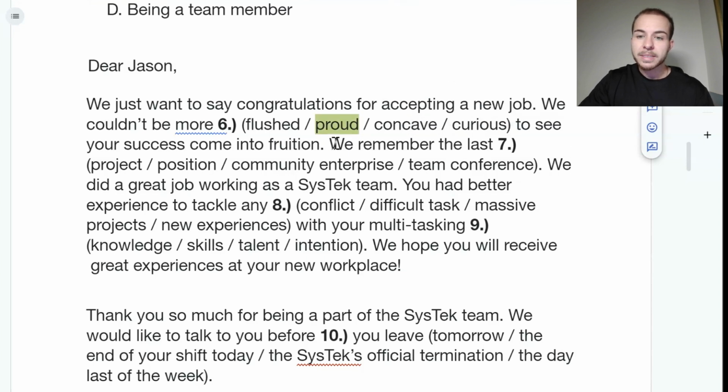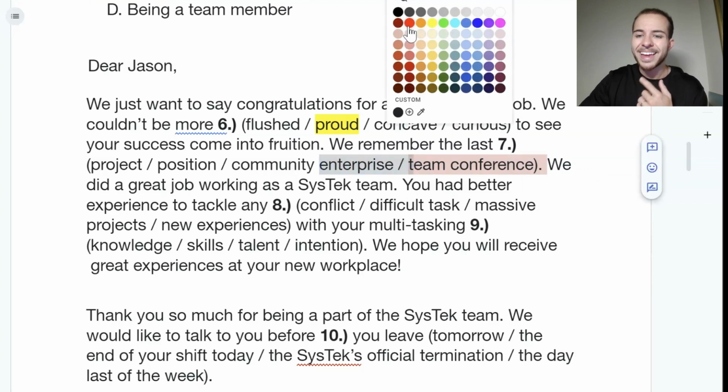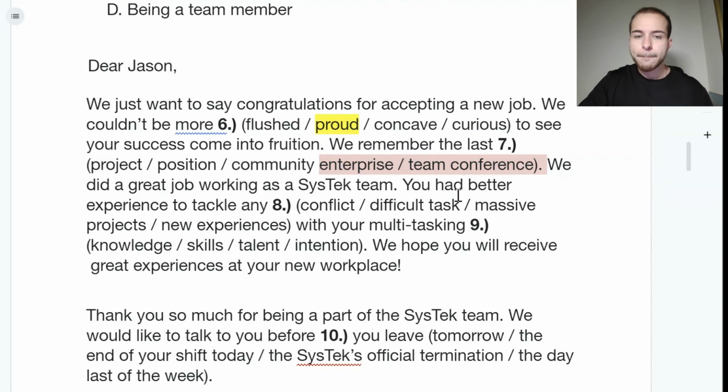We remember the last: we did a great job working at SysTech team. Okay, SysTech team is telling us something. Project, position, community, enterprise, team conference. Nowhere in the previous article did they talk about team conference. So we're just going to say no. Enterprise, they did not ever talk about an enterprise, so we can't infer that from here.